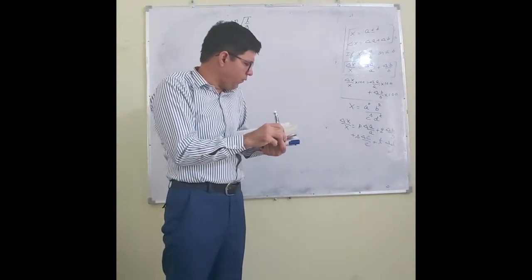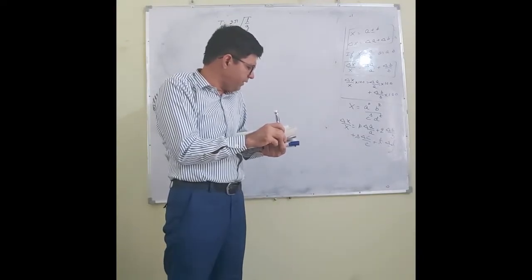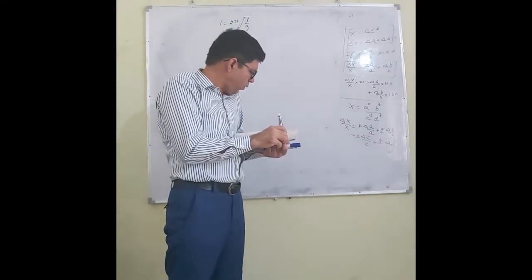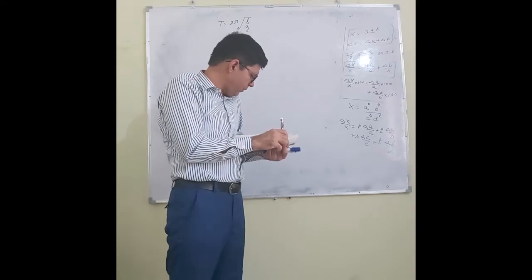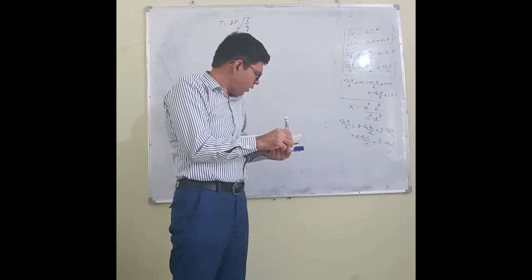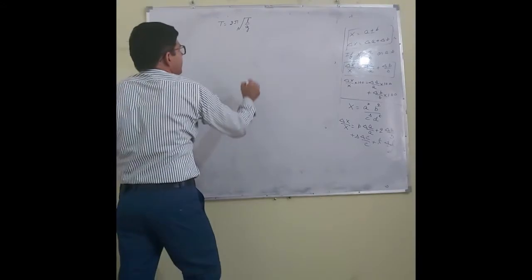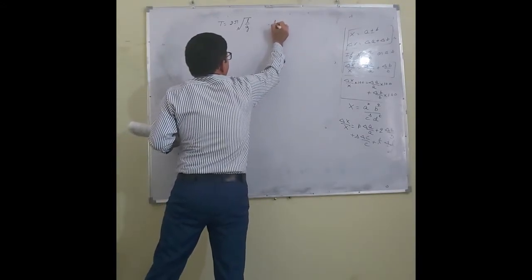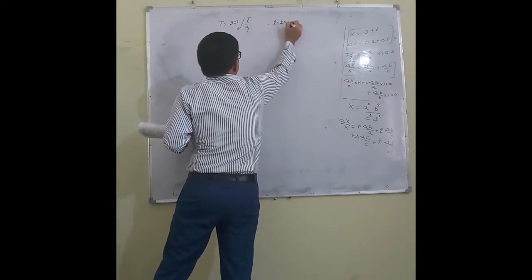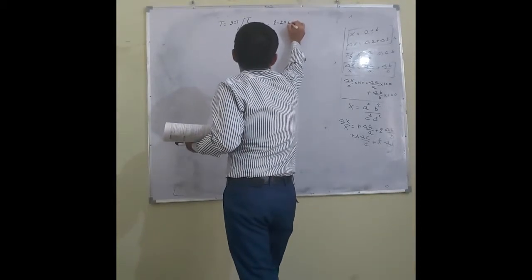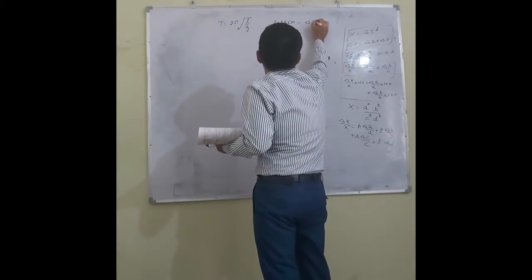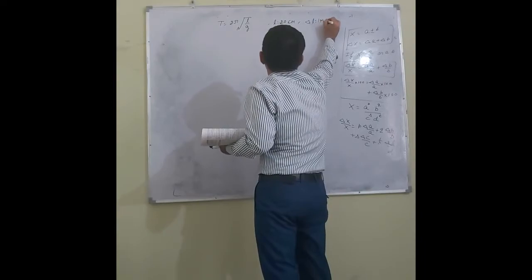The measured value of length is 20 centimeter, known to 1 millimeter accuracy. What does it mean? It means that length is 20 centimeter and accuracy in the length is 1 millimeter.